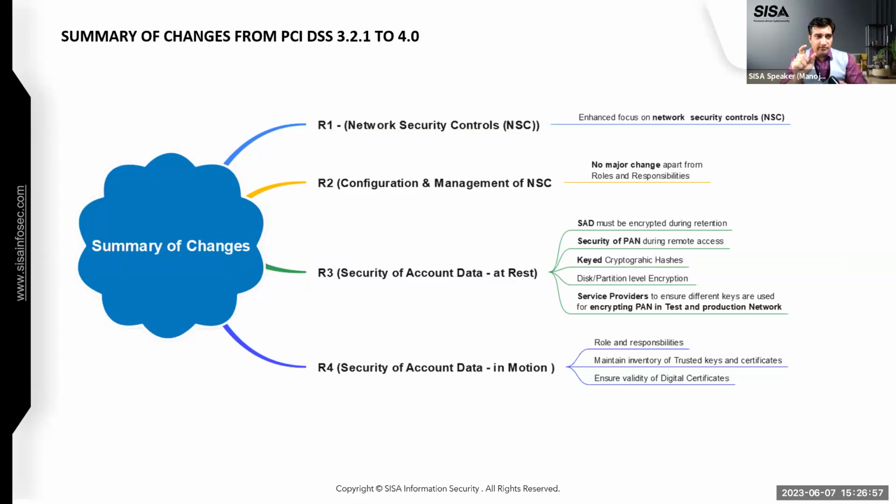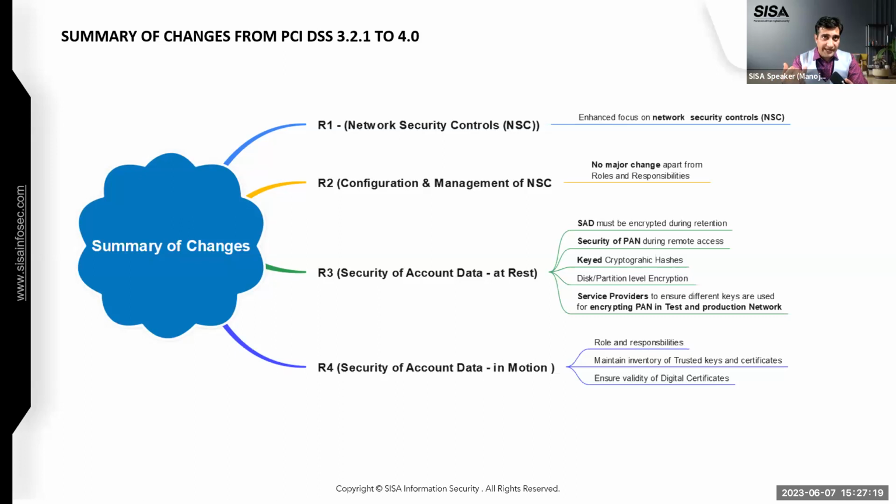That particular term has now evolved. We have software defined networking, we have things like cloud and so on. So just to make sure that we keep pace with the evolving technologies, that particular firewall and router wording has been changed to network security controls, which actually encompasses all of those controls.